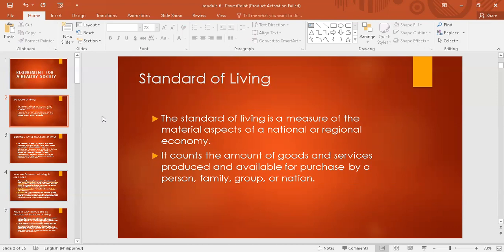Okay? So dito, sa isang healthy society, merong laging pangangailangan, merong needs and wants, no? Especially sa atin, madami tayong mga pangangailangan. And importante na mapunan yon. Sino ang nagpro-provide ng ganong pangangailangan? For example, food.